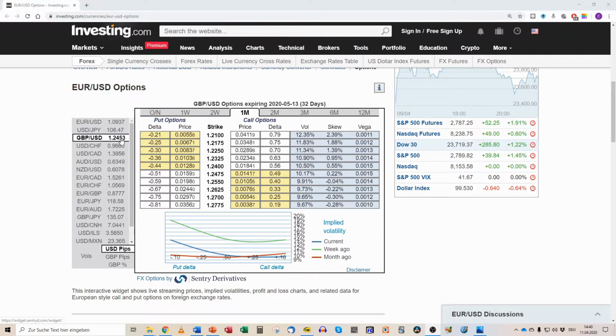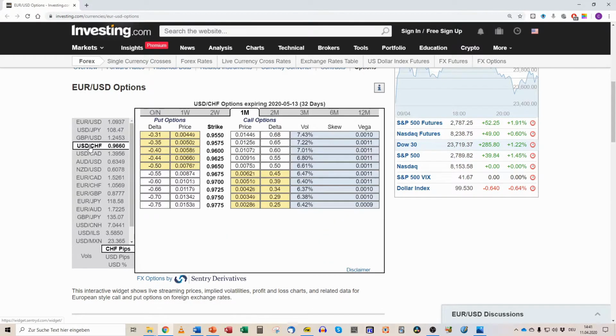The British pound is the underlying in this case, and the price is in dollars, and that is 124.53. That would be the spot rate. Then we have put options and call options, and these refer to the underlying, which in this case is the British pound.